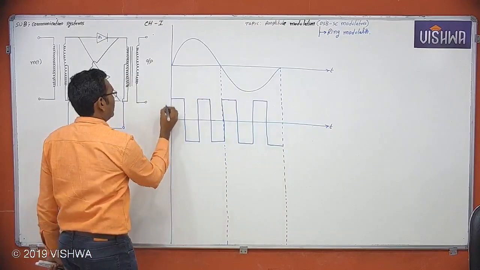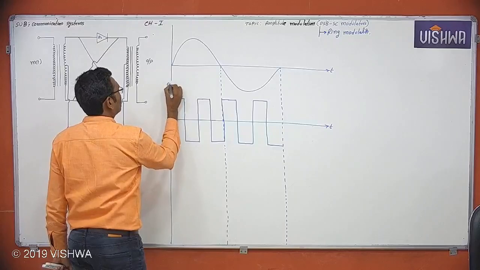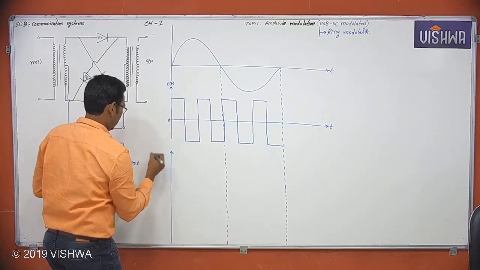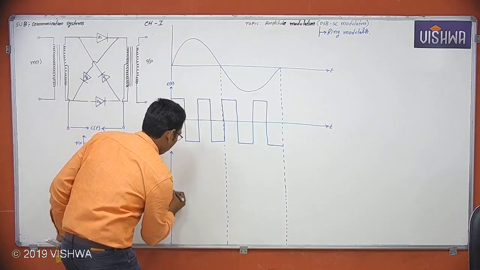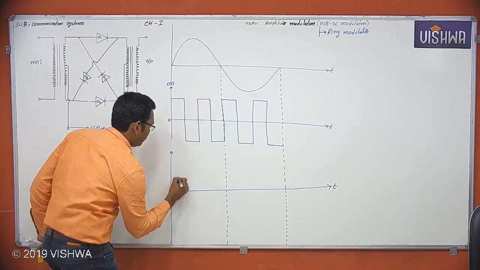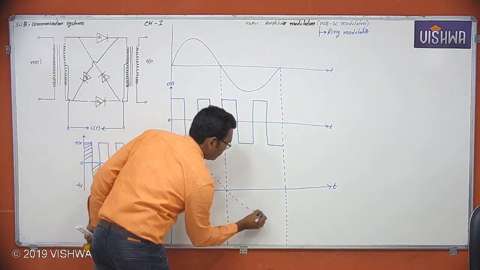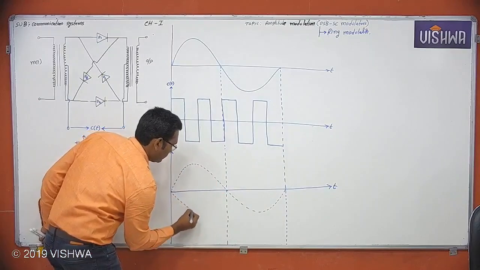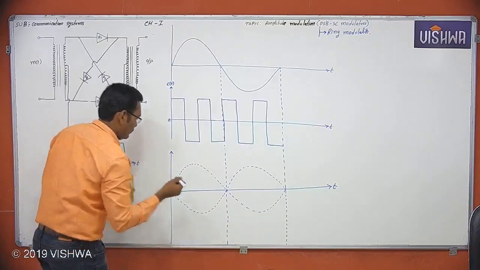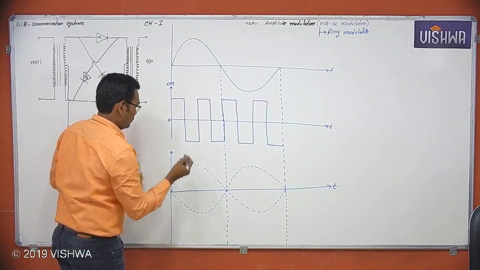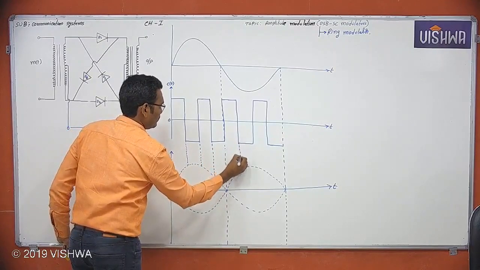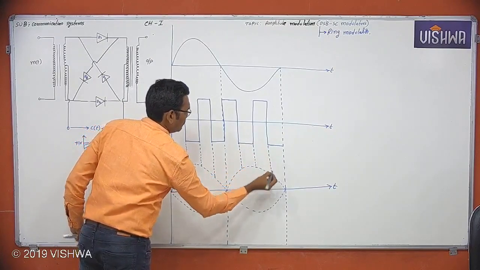Now this is a carrier signal. Now the modulated signal is... now see here.